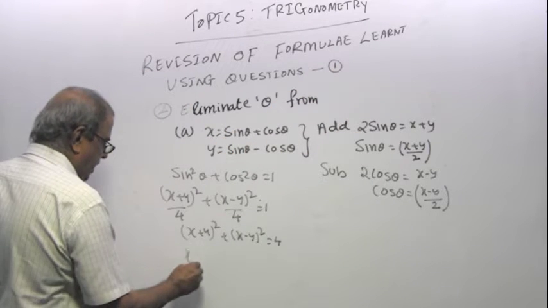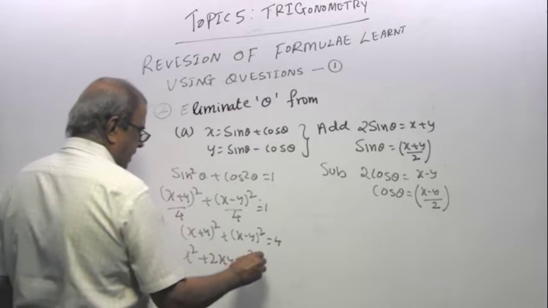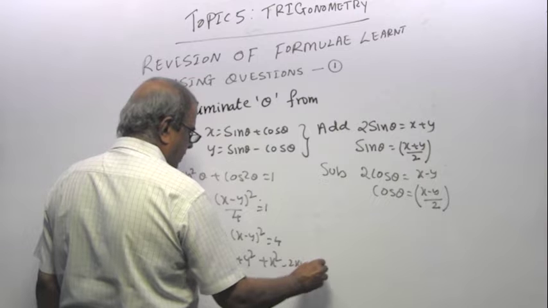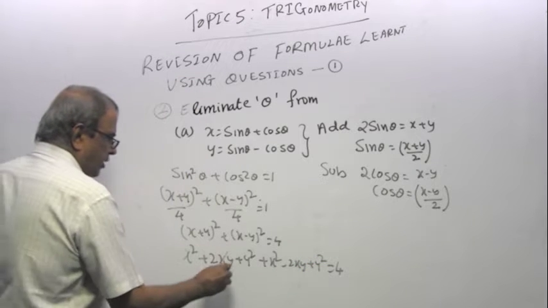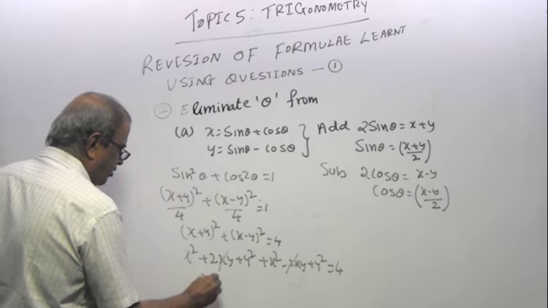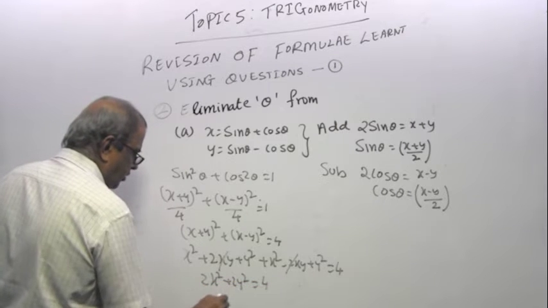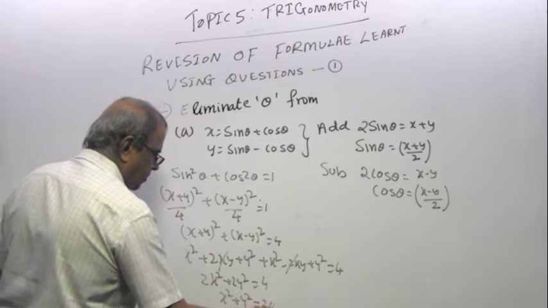So it is x squared plus 2xy plus y squared plus x squared minus 2xy plus y squared is equal to 4. The 2xy's can be cancelled. 2x squared plus 2y squared is equal to 4. x squared plus y squared equals 2.